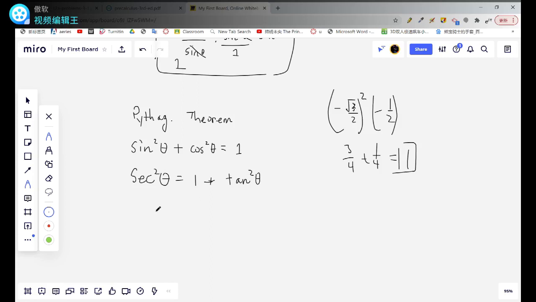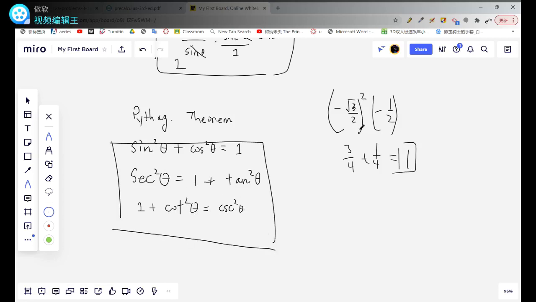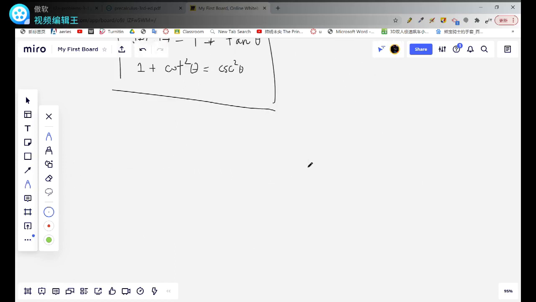And also, we know that 1 plus tangent squared theta is equal to secant squared theta. And this is all provable, right? Because you can just input values and you will get the same solutions. And this is really important to verify things like identities, because you often have to use this kind of stuff.